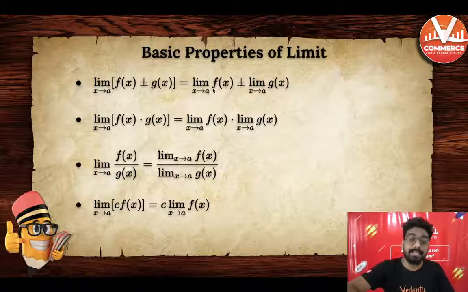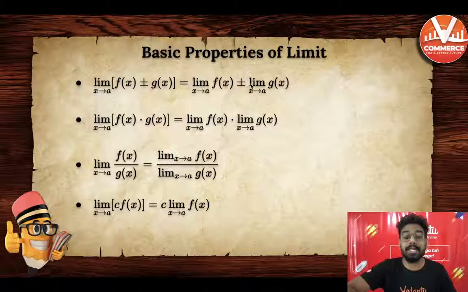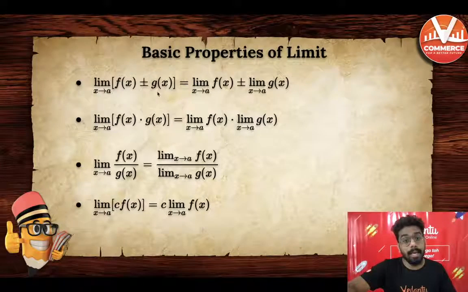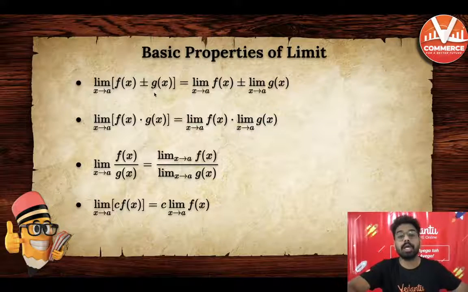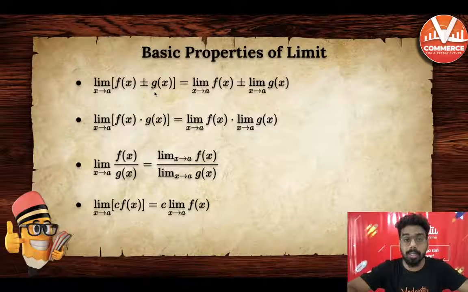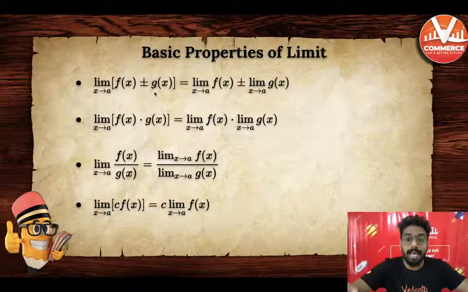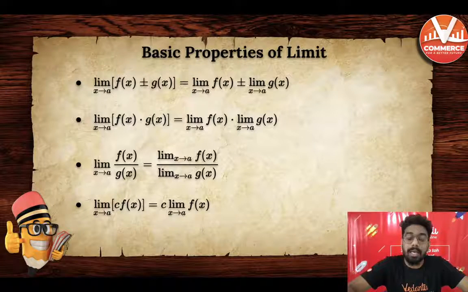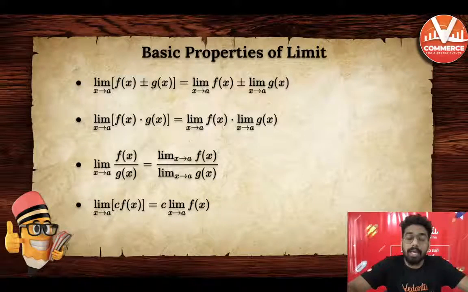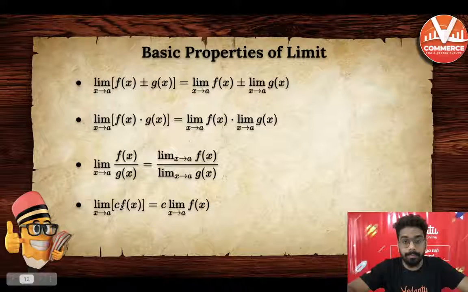But if the limit exists individually for the function, we can separate both the functions. And if for any of the functions the limit does not exist, we will not separate it. I hope the point is clear. So with the condition that the limit of the two functions exists separately, we can separately solve them if they are in any of the operations: plus, minus, multiply or divide, or multiplication with a scalar or constant number. This is the basic property that you need to know.